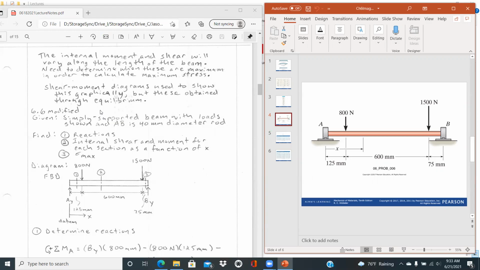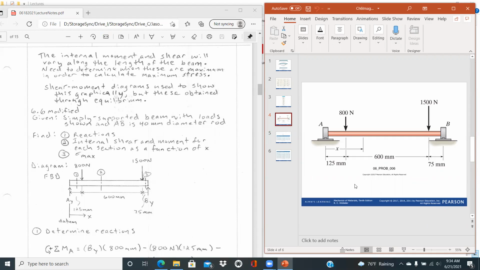This is problem 6.6 modified slightly. What we're given is this simply supported beam here with the 800 newton and 1500 newton load applied. And AB, that shaft is a 40 millimeter diameter rod.